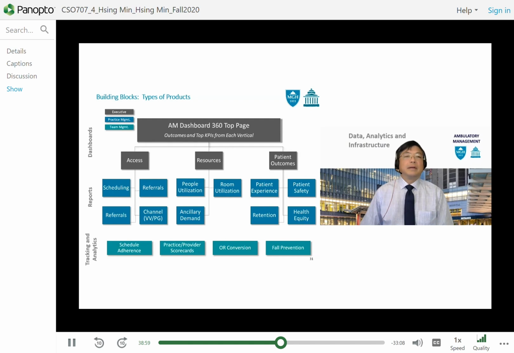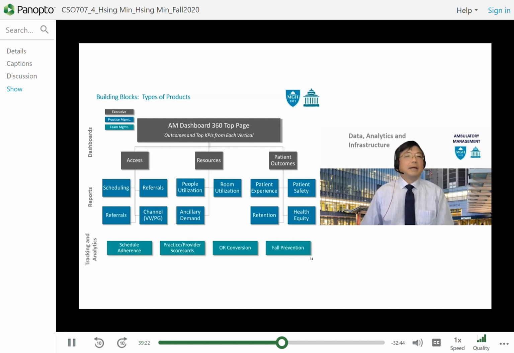The idea here is to put together measures of access, which is how patients get to an encounter. Resources are how we make that encounter happen. And then co-located with these measures, we also show what we can about patient outcomes, the so what question.